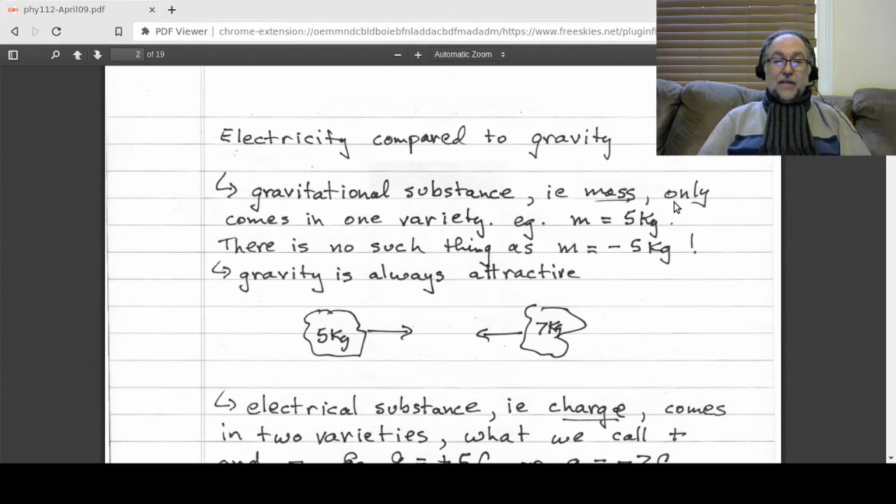Okay, you don't have negative 5 kilograms. That's nonsense. As soon as there's something there, it has positive mass associated with it. Okay, and any two masses, like there I have drawn that 7 kilogram blob and the 5 kilogram blob, they attract one another. Okay, so these positive masses, they only attract one another. Okay, and that's the story with gravity.